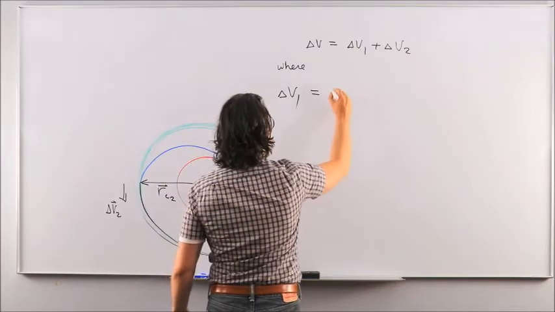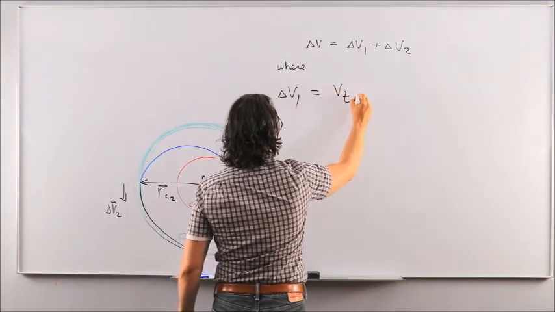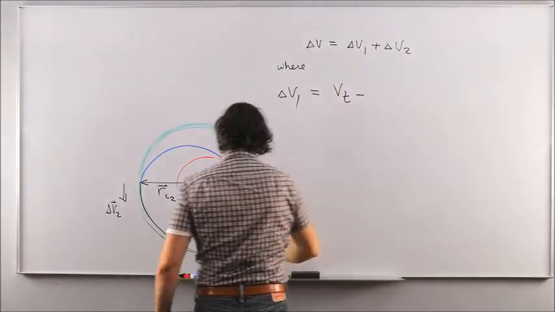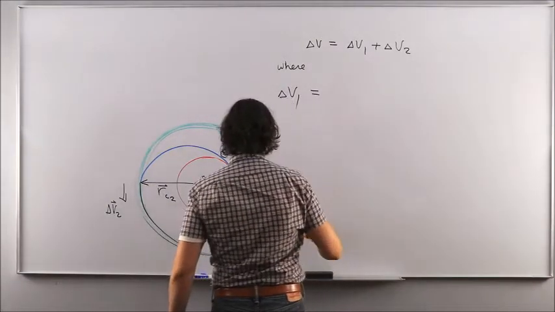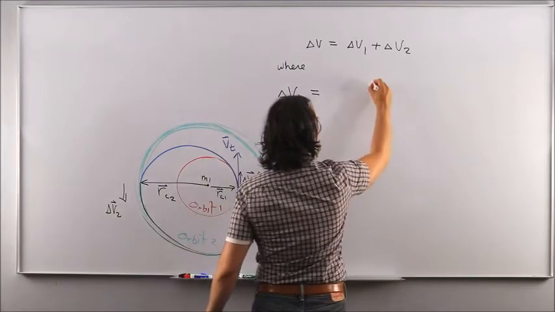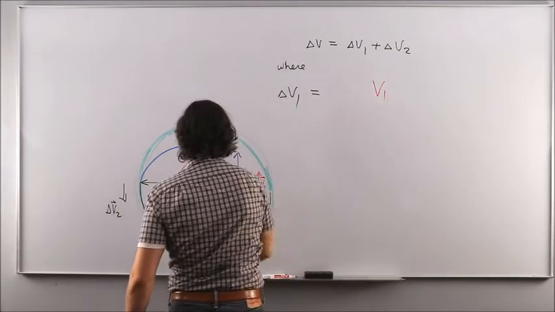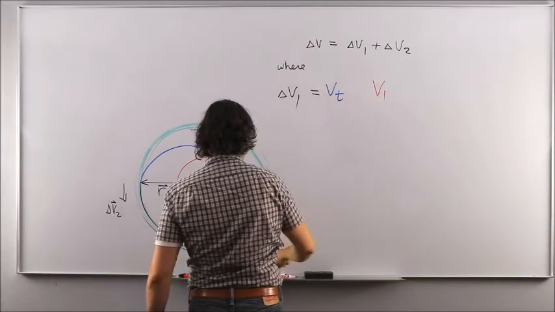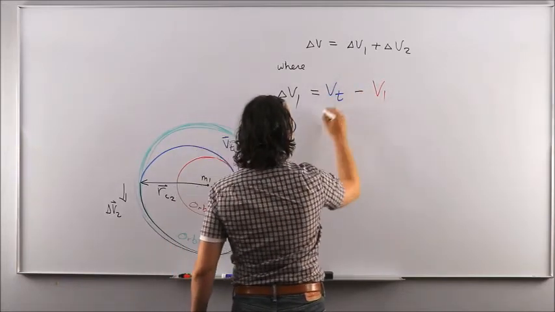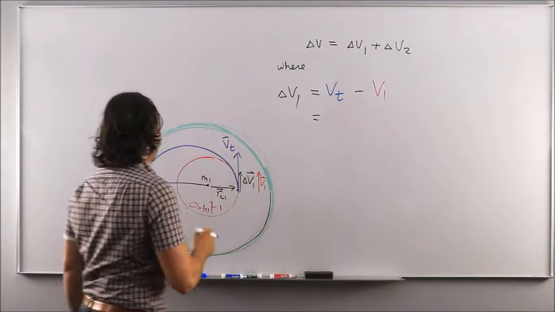So we're going to say Vt minus V1, and I'm going to color code it as I did previously, so that there's no excuse to go wrong. Okay, so this is Vt minus V1. And there we go. So what is Vt equal to?